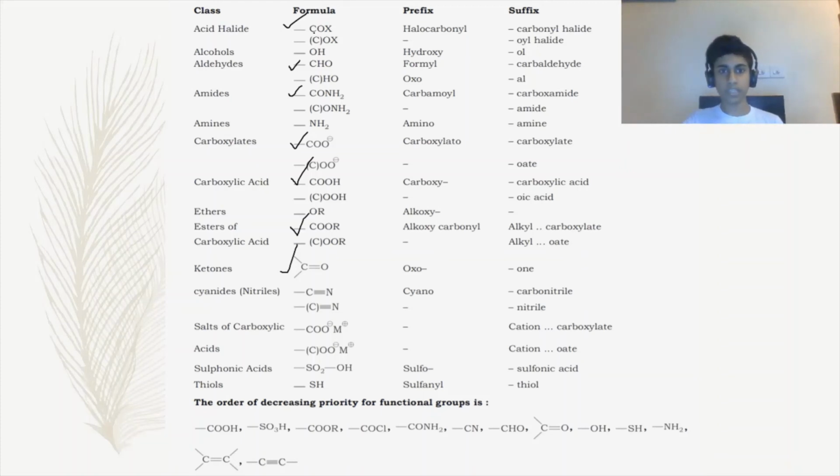Whenever there's a C in bracket, it means it's part of the chain. When it's not a part of the chain, then it's generally for benzene, or could be for cyclic compounds as well. We have another prefix and suffix.